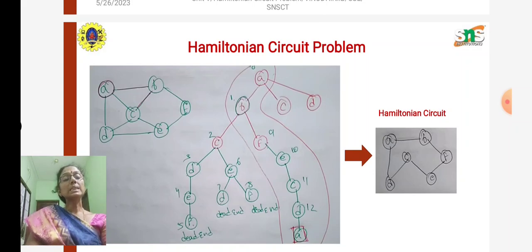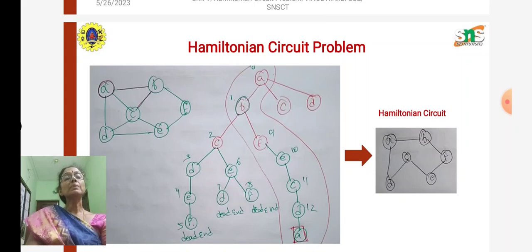When we reach D on that path, we have visited all the vertices: A, B, F, E, C, D. All six vertices are visited. Finally, from D to A there is a path, so we have reached A. The constraint is satisfied here, as there is an edge from D to A. So this is the Hamiltonian path we found in the given graph.